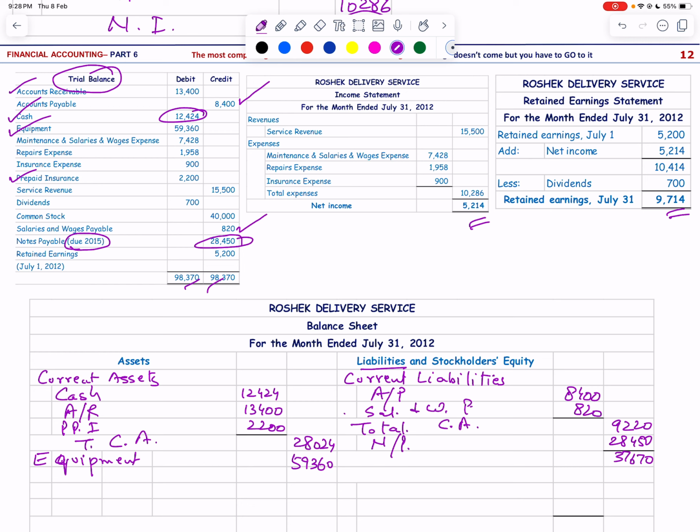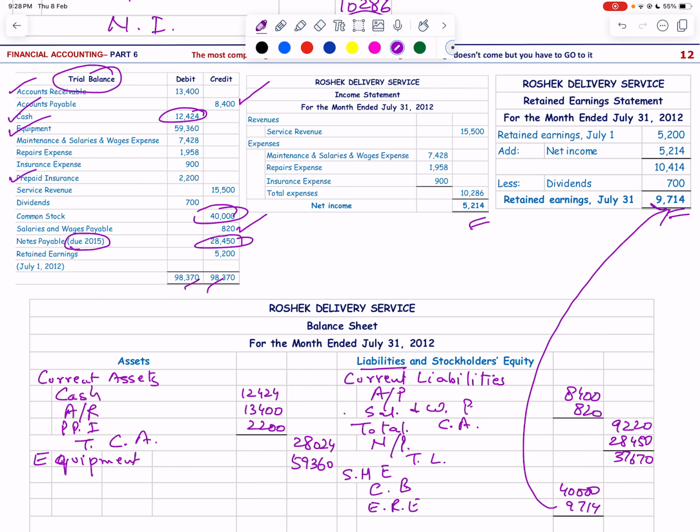So these are our total liabilities, and then we prepare the stockholder equity. So for this we have first of all the common stock, and the common stock was 40,000, and then we have the ending retained earning, and that is 9714.